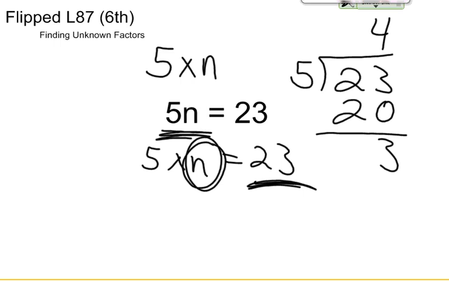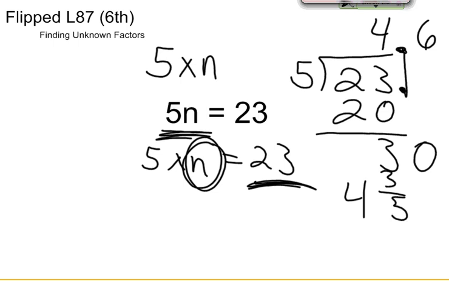And of course, you could really do one of two things here. You could put this into a fraction and make it 3/5, or you could add your decimal here, put your decimal straight up, and put your 0 down. 5 goes into 30 6 times. So you could have an answer of 4.6, or you could have an answer of 4 3/5. Both would be acceptable in this case.